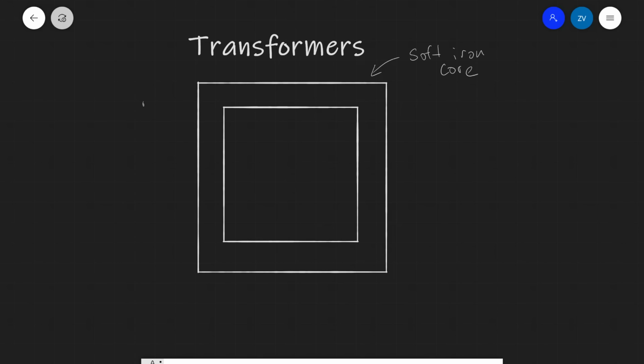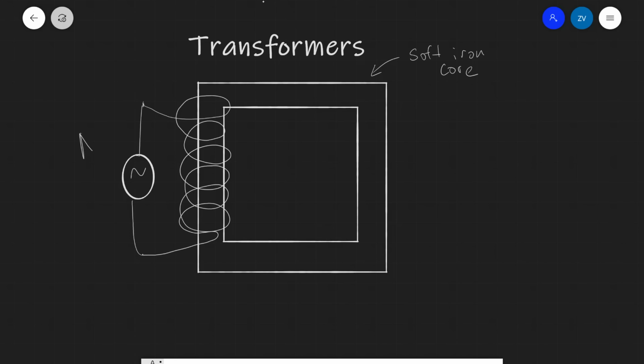So we're going to take a wire, then we're going to loop it around one of the ends like so, and this will be connected to a variable power supply that produces some AC current, which is absolutely crucial. So we want this to be connected to an AC power supply.